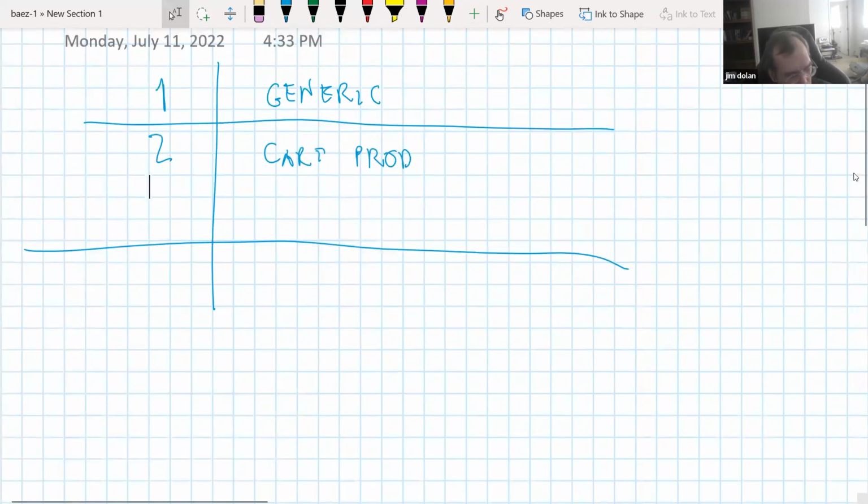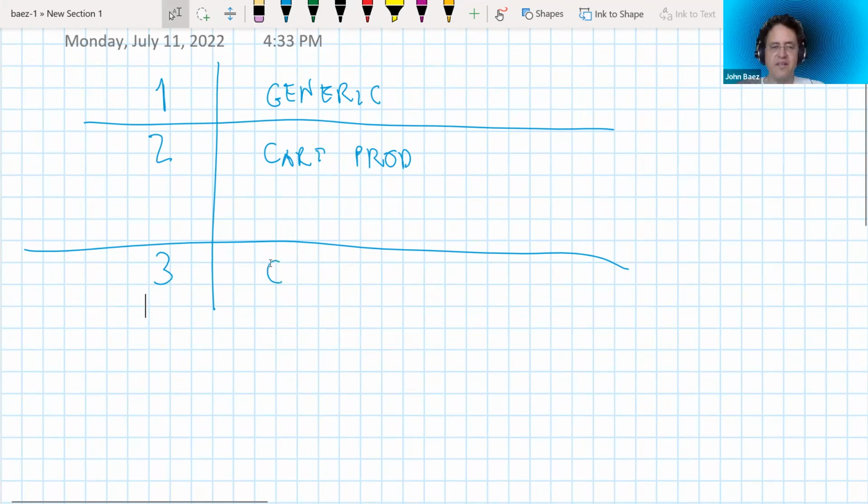Maybe it really did just go by ranks. Maybe the next one here is rank 3, and that is the Cartesian square of generic.